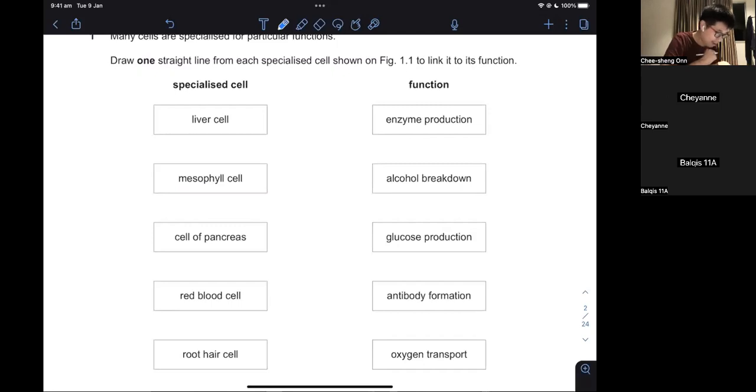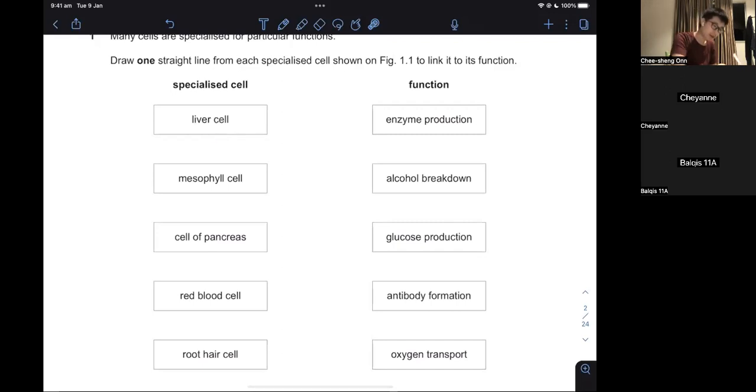Okay, why don't you tell me then, Balkis, what does the liver cell do? Any idea, Balkis? Not much idea. Cheyen, do you know what is the liver for? It breaks down alcohol.